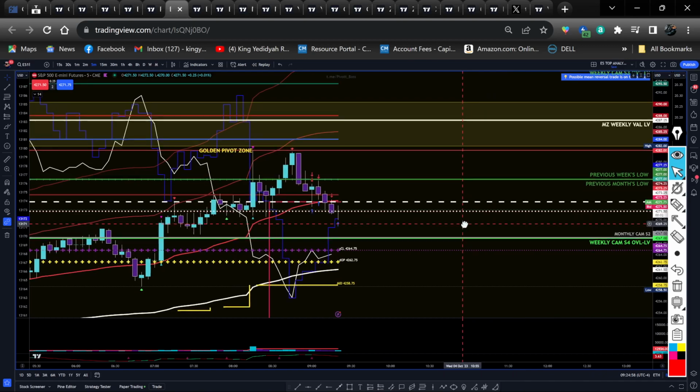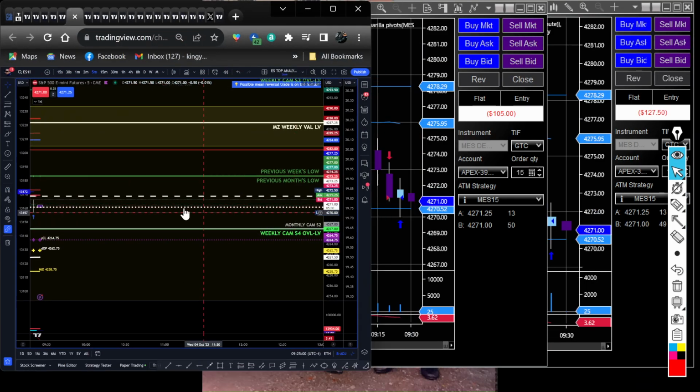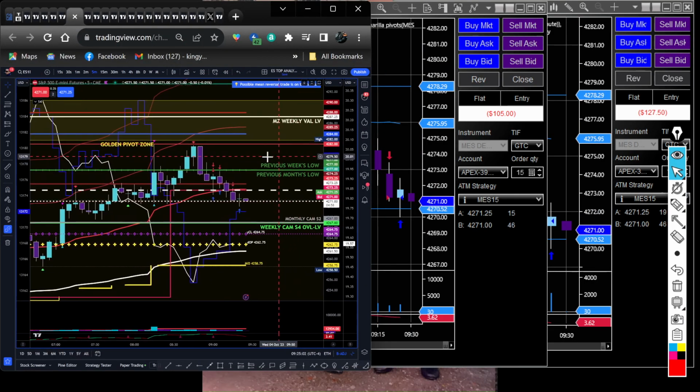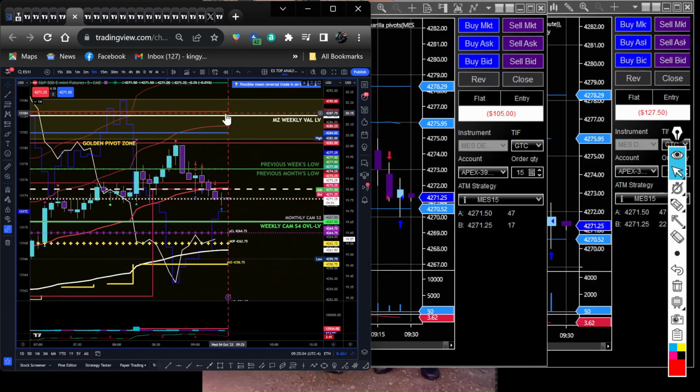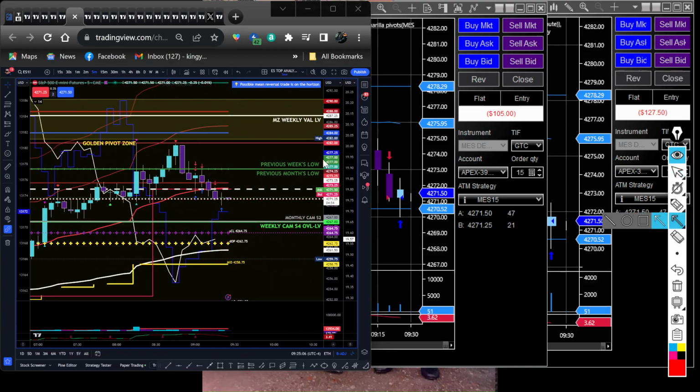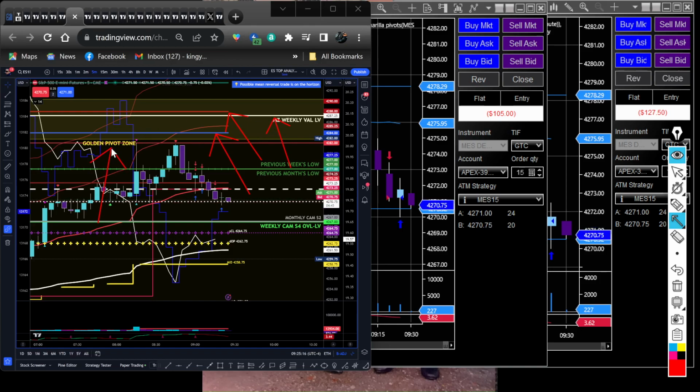So that's R3 right there. R3 and the floor pivot and weekly value area low.